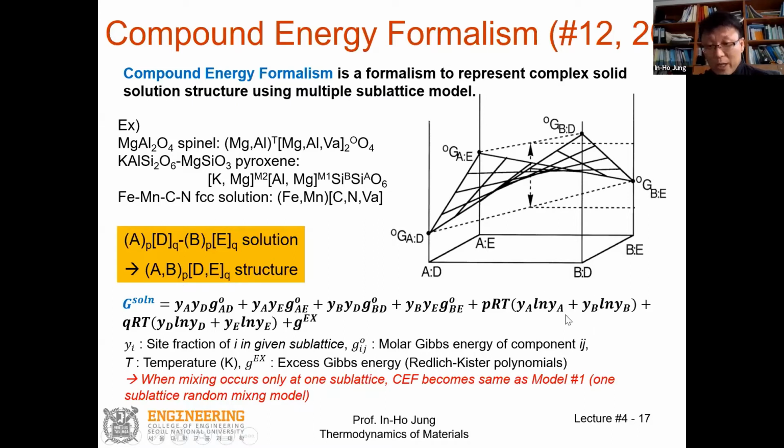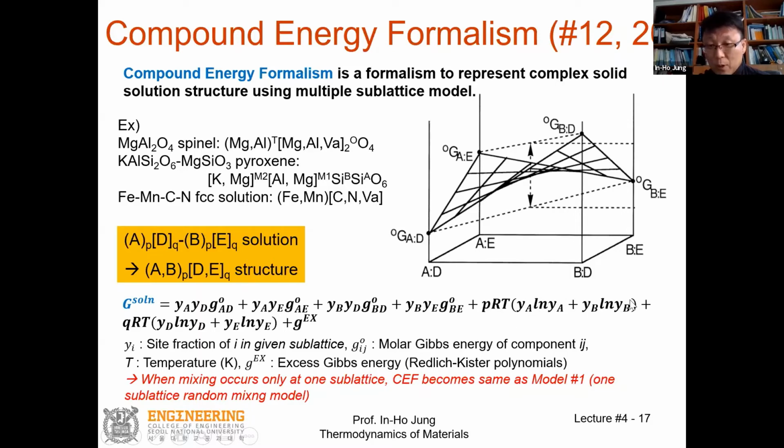And then we have the random mixing entropy. So inside of this one, we have a random mixing entropy, and inside of this one, we have another random mixing entropy. And we assume ideal mixing. So for a mole of formula, we have P moles of the site, and A and B are mixing there. So P times RT, YA ln YA plus YB ln YB.